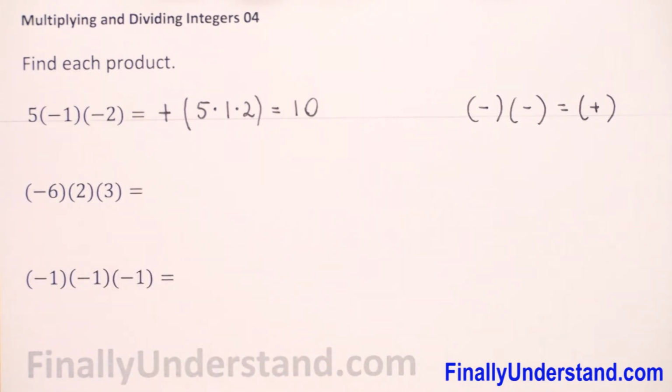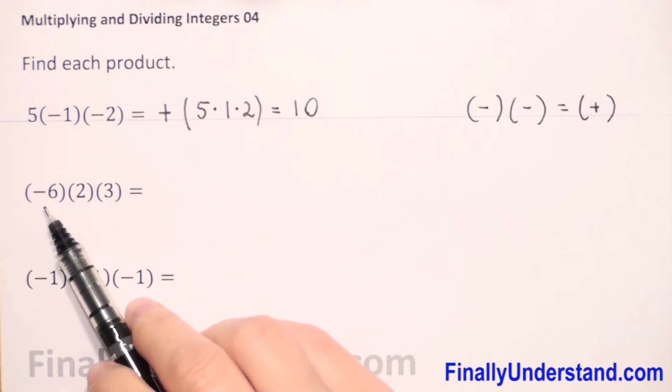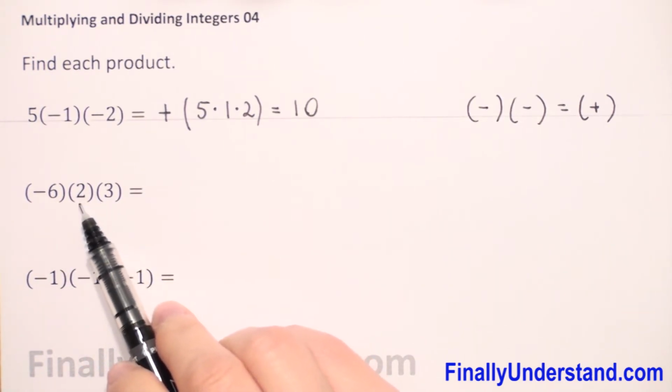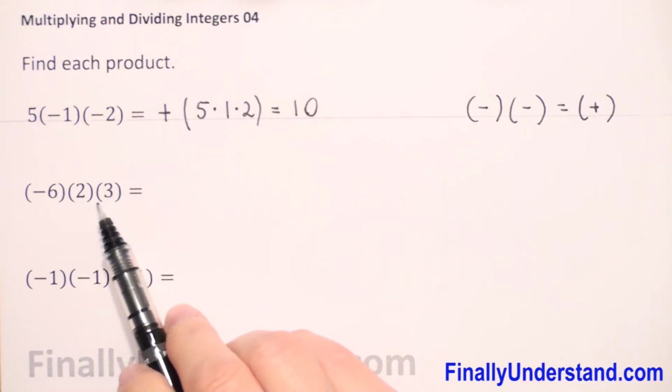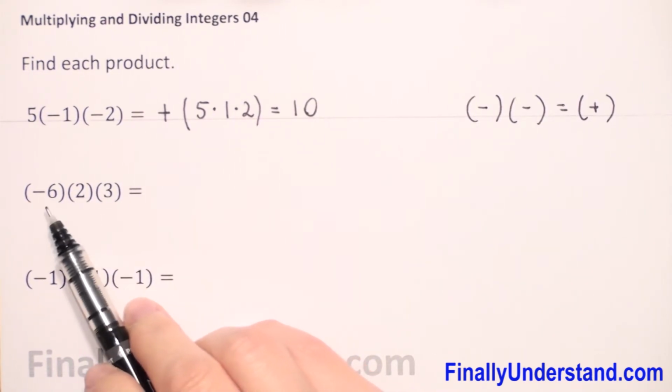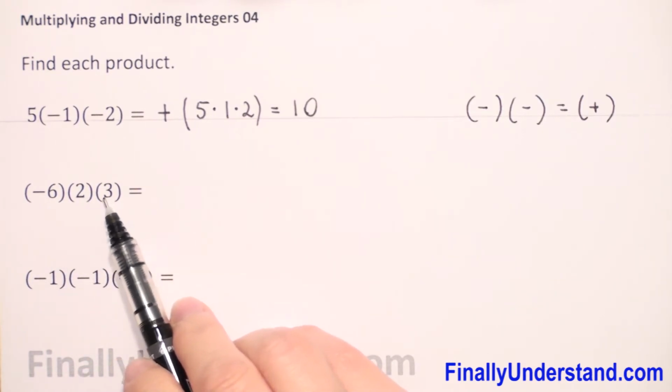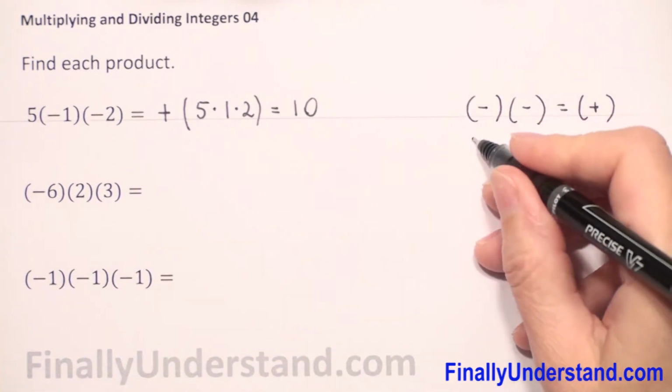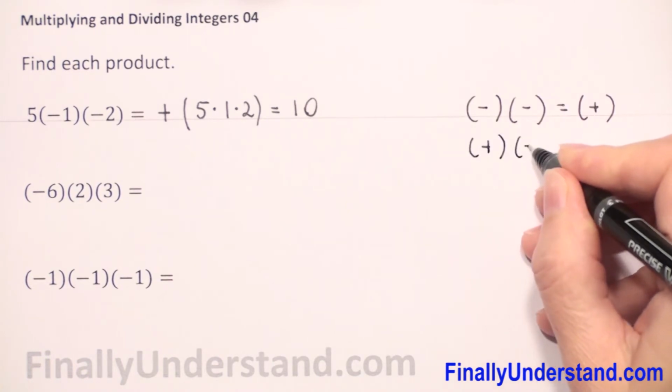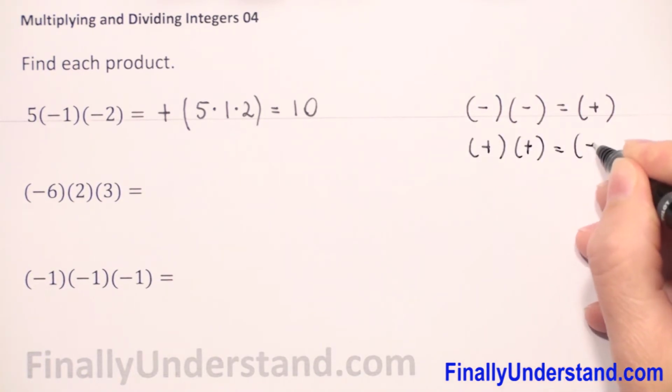First, we concentrate on signs. We have a negative number. When we don't have any sign, it means that these two numbers are positive. So we have negative number times positive times positive. Positive number times positive always gives a positive answer.